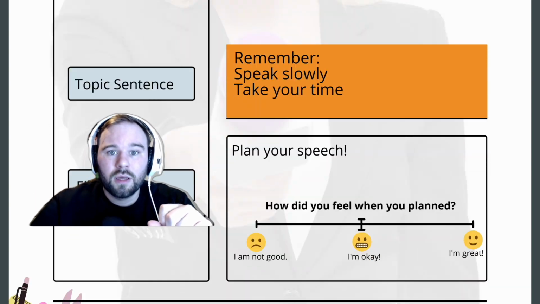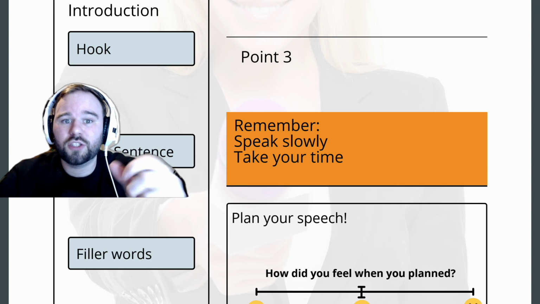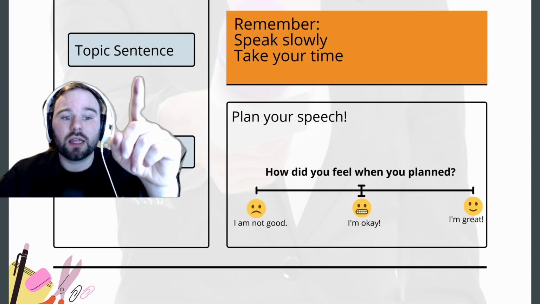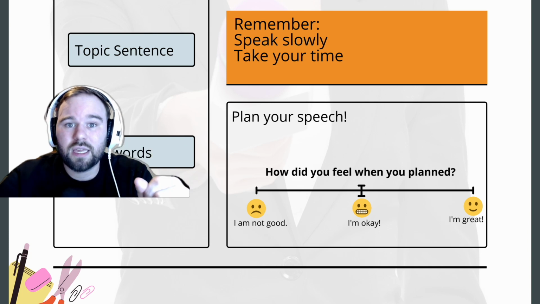Now, here you can write a topic sentence. So just like a hook says what you're going to talk about, the topic sentence tells me the three things that you're going to talk about for your subject.